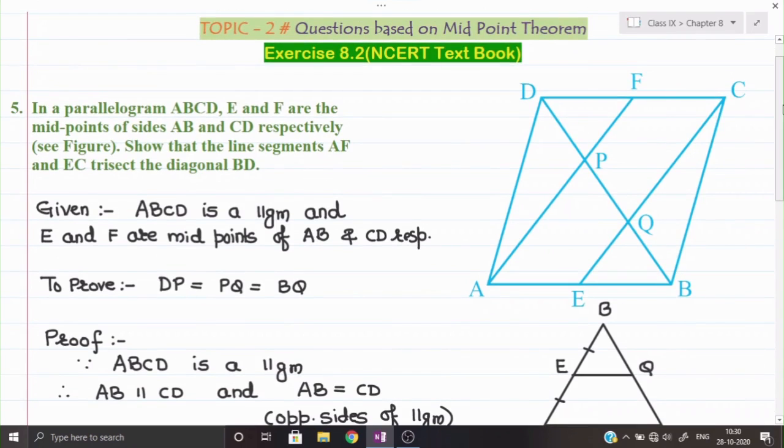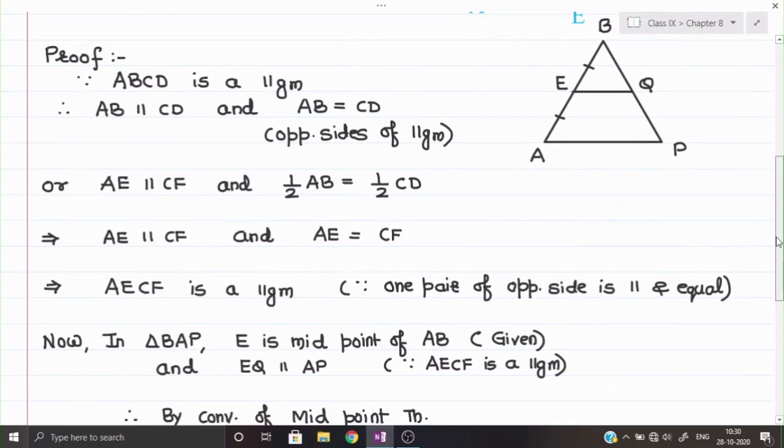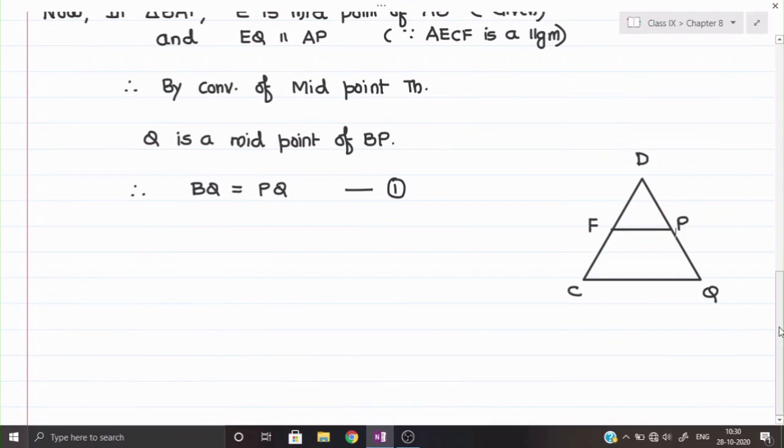Observe, P is a point coming on the line DQ. And the triangle we have taken here is CDQ. F is the midpoint of CD. So now observe F is midpoint of CD. But can we say that FP is parallel to CQ?